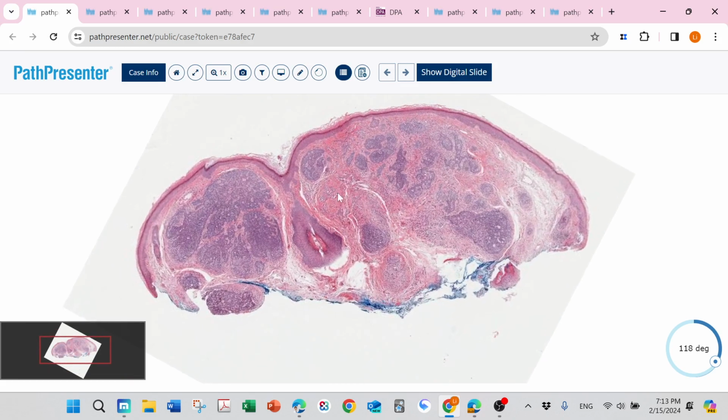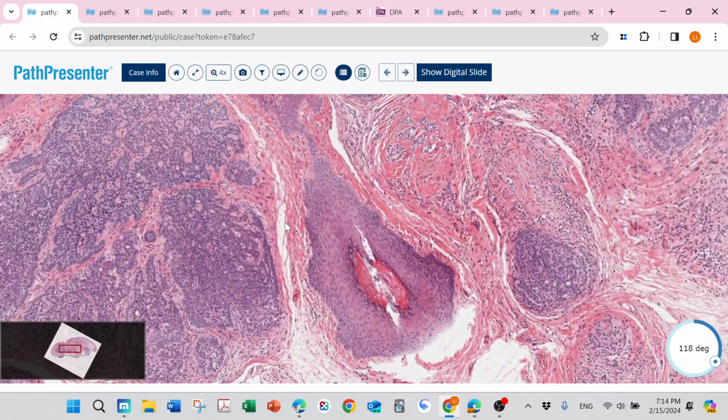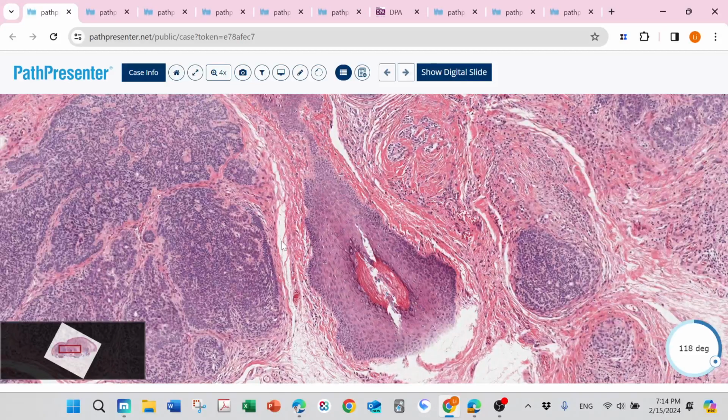Even in low power, even though we see this basaloid nodule, this pinkish stroma really takes you away from basal cell carcinoma. And this is retraction artifact, not similar to basal cell carcinoma. This is not true retraction artifact, because this retraction is between the stroma, not between the basaloid cell and the pinkish stroma.